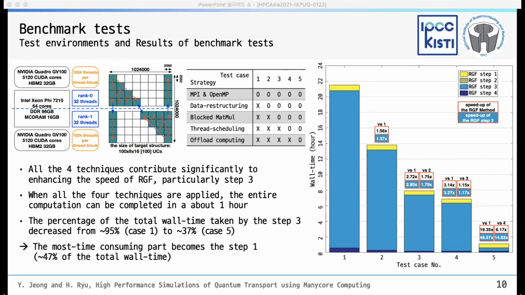In my experience, this is the only trial to attach a GPU to KNL. So that looks very unusual. It's interesting. But you mean that you don't have any communication bottleneck between the GPU and the host CPU?